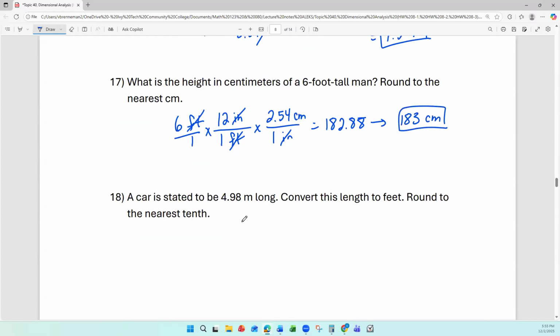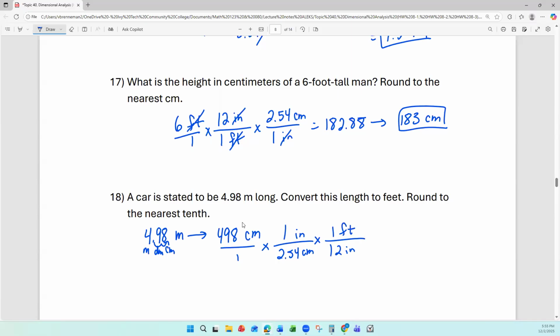Then 4.98 meters to feet. I'll go meters to centimeters. So if this is the meter, then this would be the decimeter, centimeter. So moving that decimal point 2 places, this is 498 centimeters over 1, 2.54 centimeters to 1 inch, and then 12 inches to 1 foot.